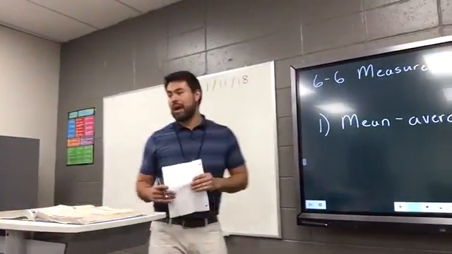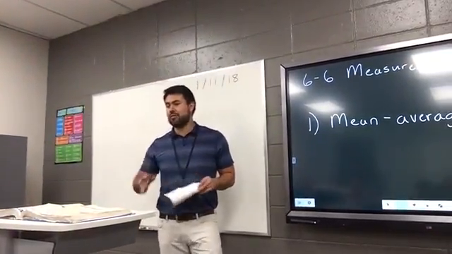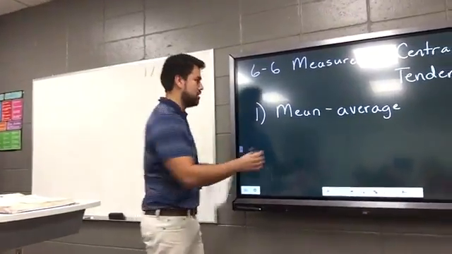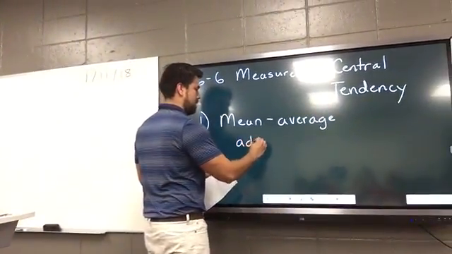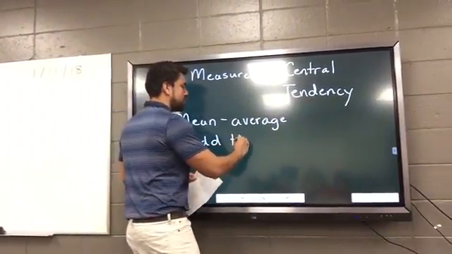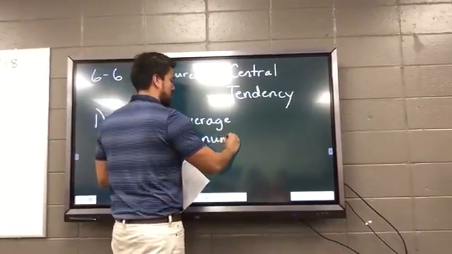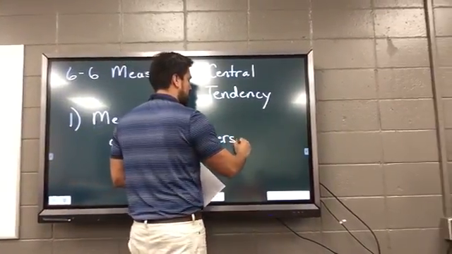Does anyone remember how to find the average of any set of numbers? Yeah, Josh? You add them up and divide them by how many there are. Yep, so you add all the numbers.